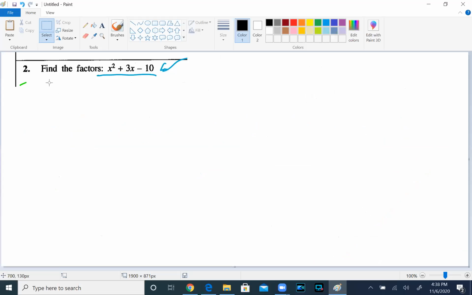So here we are going to find the factors of x square plus 3x minus 10.